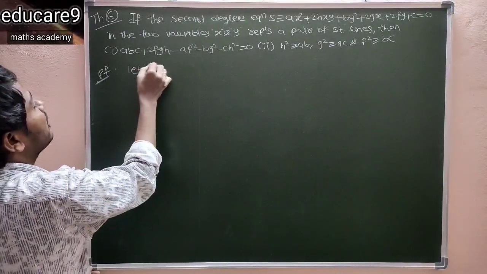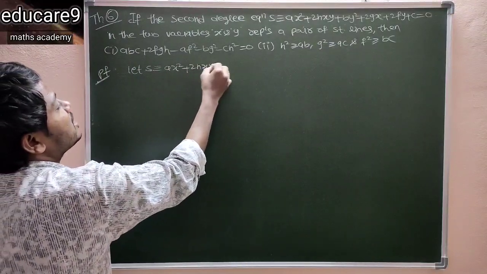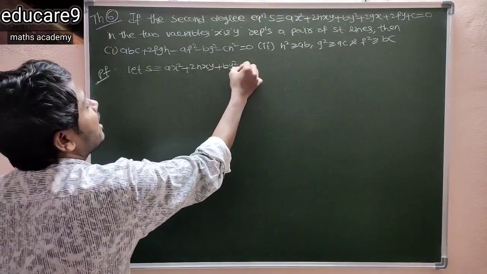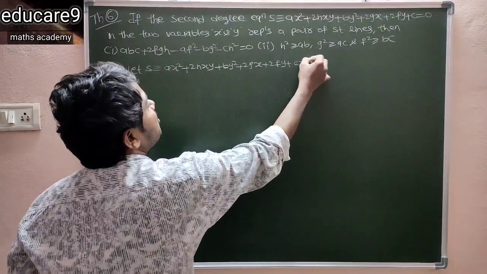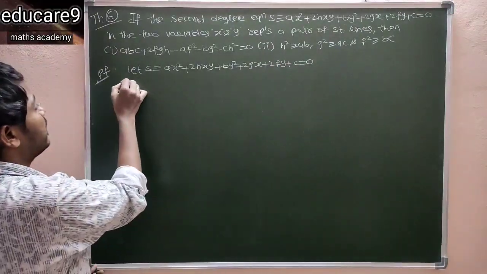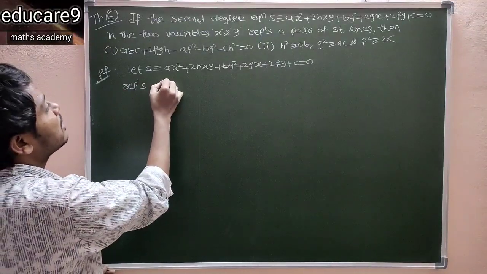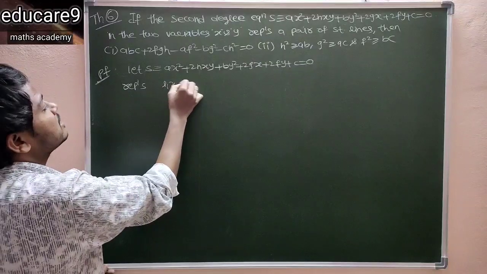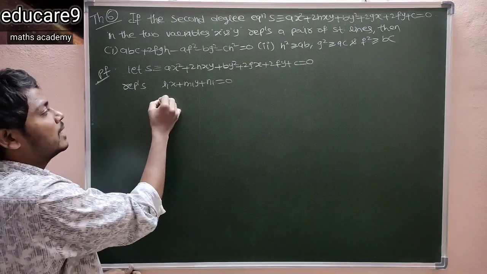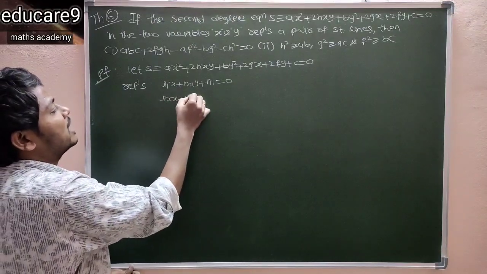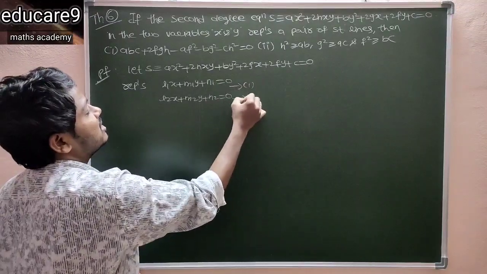Let S is equal to ax square plus 2hxy plus by square plus 2gx plus 2fy plus c is equal to 0. So it represents two lines. One is L1x plus M1y plus N1 is equal to 0, and the second one is L2x plus M2y plus N2 equals 0. This is equation 1, this is equation 2.